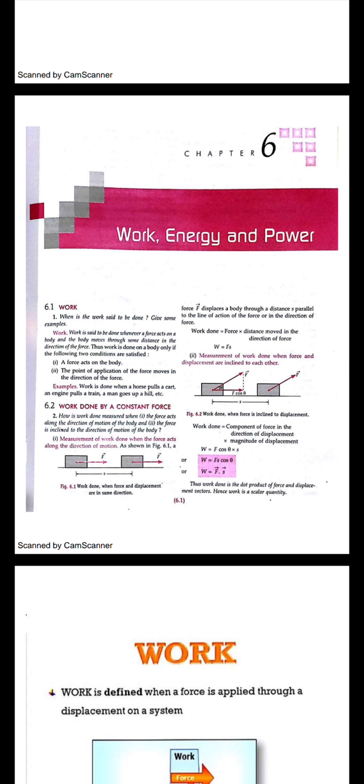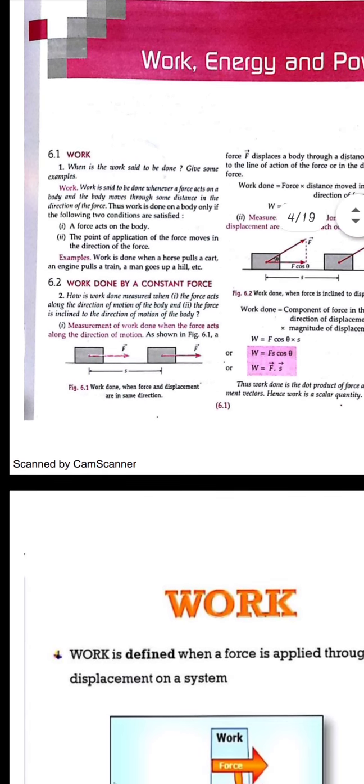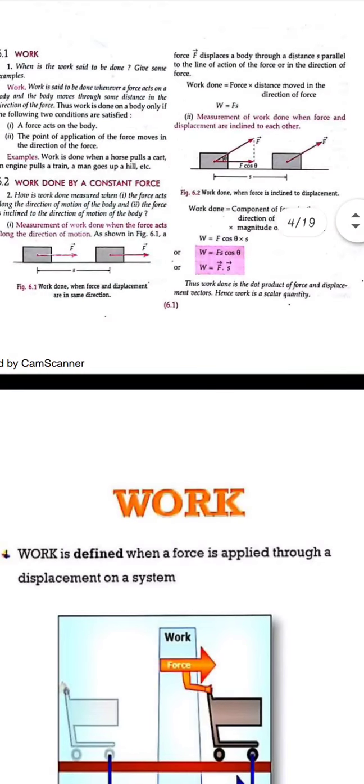So the force acting on the body is the first condition that the body will start moving. And we know that if the force is applied on the body, then the body will start moving in the direction of the force. And if we try to pull or push, a simple example, if you try to pull something towards you, then the object will displace in the direction of the force, that is, towards you.